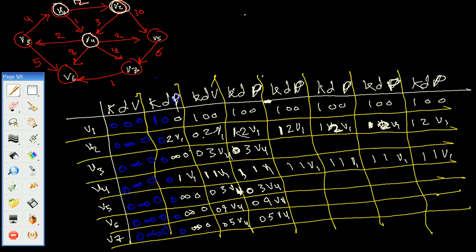But I think you can choose in alphabetical order. So we take V1, V2, V3. It's better to take V3. So 1, 3, V4, and we continue the whole process.